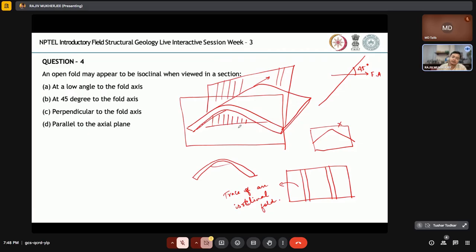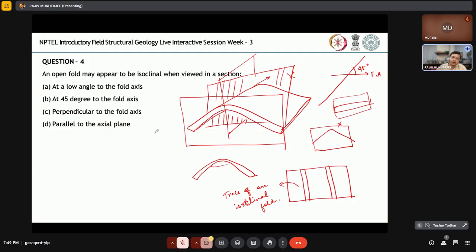Right? So definitely that would not give us the isoclinal fold. If we cut any section perpendicular to the fold axis, like this one, the profile plane, or any plane that goes like this, that is the axial plane, then also we will just see a section of the bedding plane, the traces of the bedding plane, right? So we won't be able to see the two limbs.